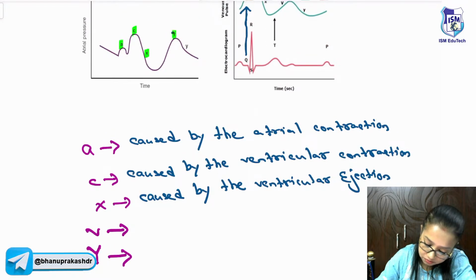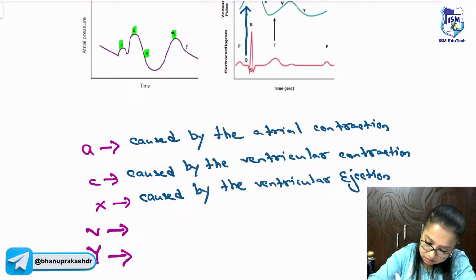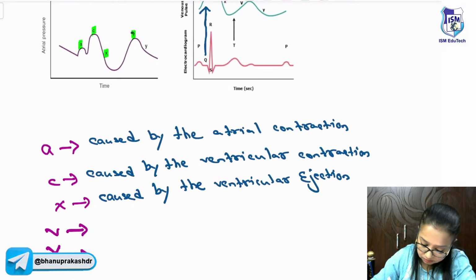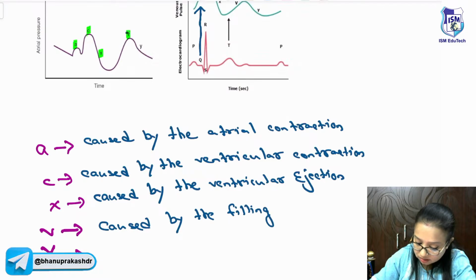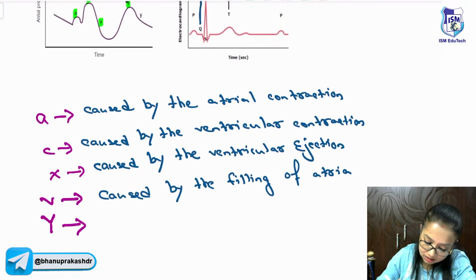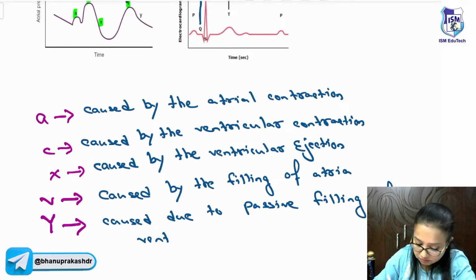And this V wave is caused by the filling of atria, and Y is caused due to passive filling of ventricles.